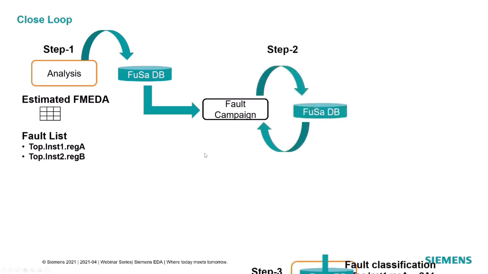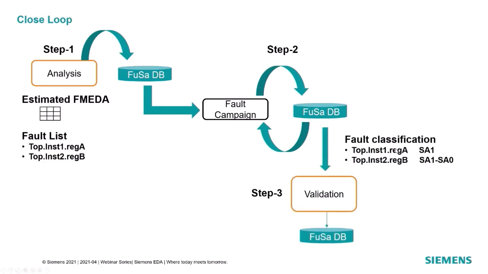Using the fault campaign, we were able to classify the fault classification report. And now we are trying to use this fault classification report of individual nodes, with respect to their fault detections, into the final validation, which should give us the final FMEDA. So this should conclude our flow of analysis to validation of our complex safety mechanism.